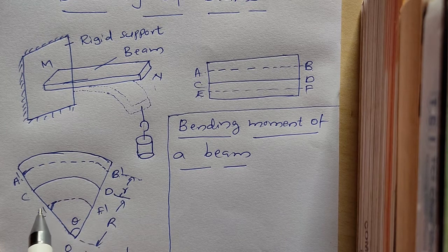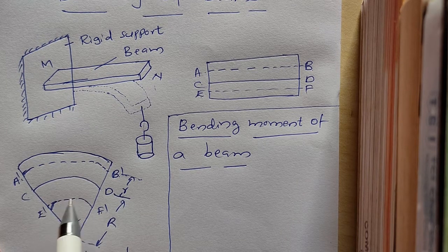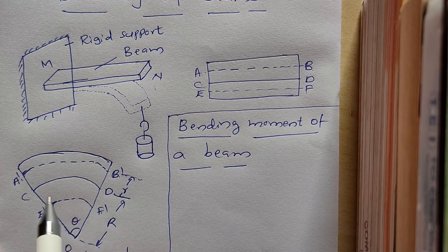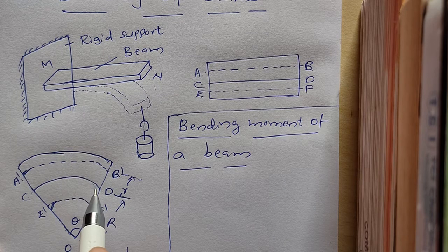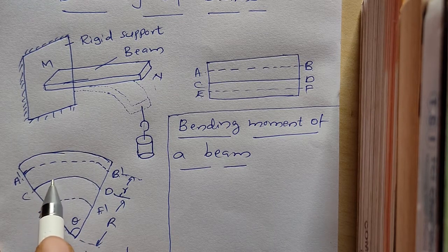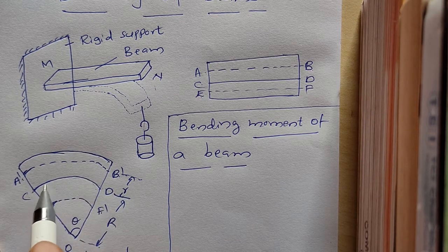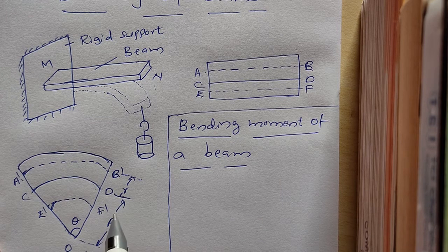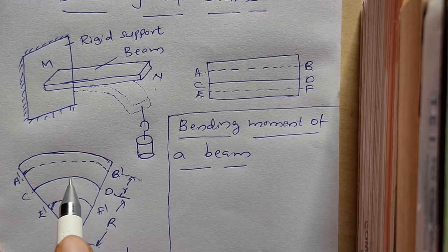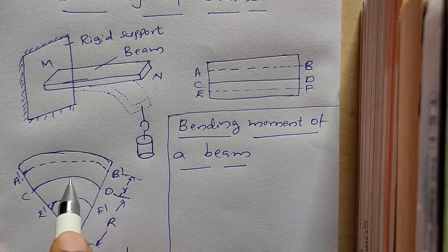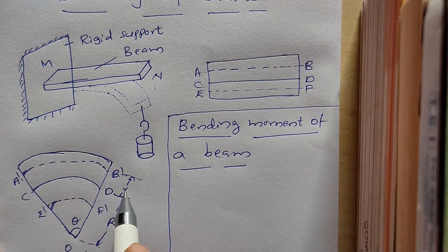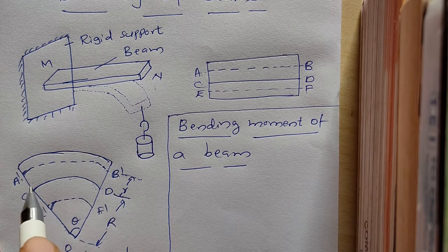So this is just like part of a circle. We have the radius R for this neutral axis, whose radius is considered to be capital R, and the distance from this filament to A dash B dash is small letter r. The angle subtended at the center is theta.